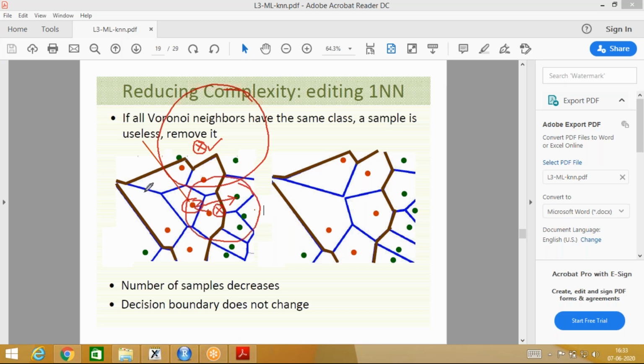If a value is here, will it contribute? Probably no, it's pretty far away. So all the people near the boundary generally contribute towards the classification or misclassification. All those in the middle generally do not contribute to anything. So while calculating the distance, we generally do not consider the middle ones.